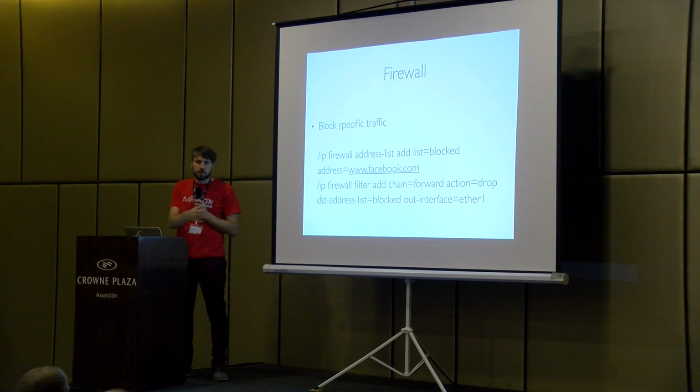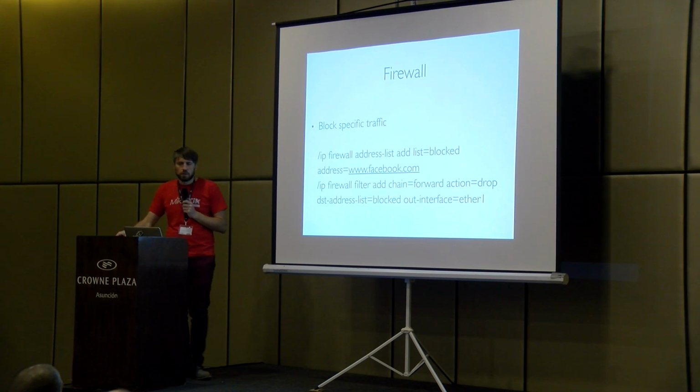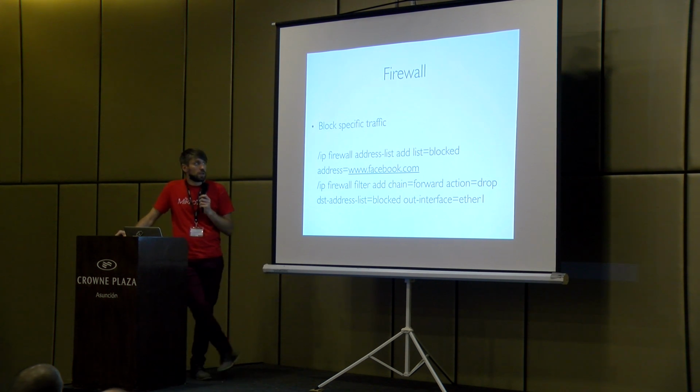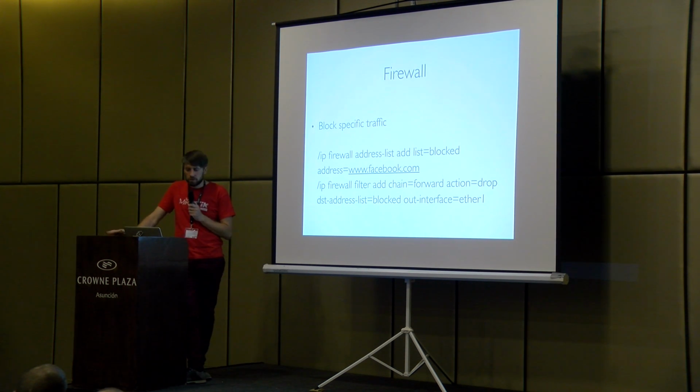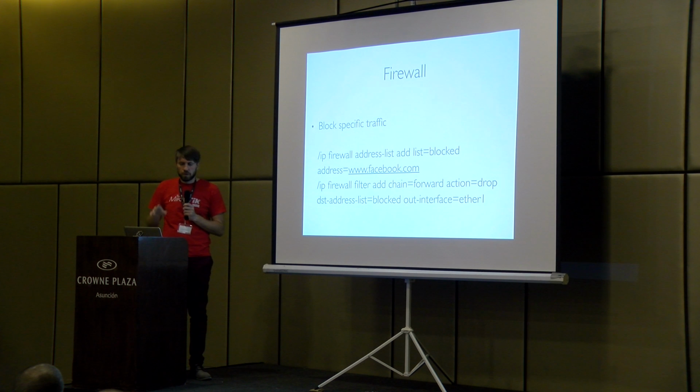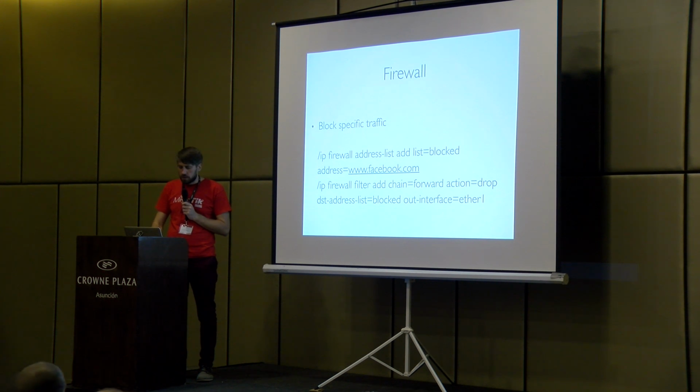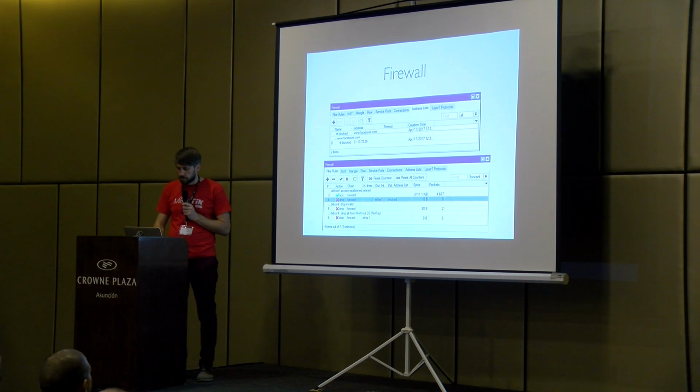You can put accept, you can put drop, you can put log, you can put reject, and if a person will try to open that specific page, you will drop the connection, and you don't need to put all the IP addresses by yourself. A router will do the job automatically by resolving the IP addresses that are used by the device.